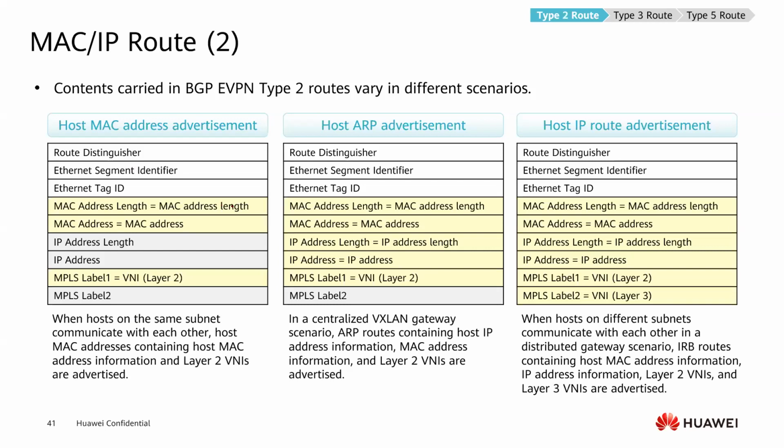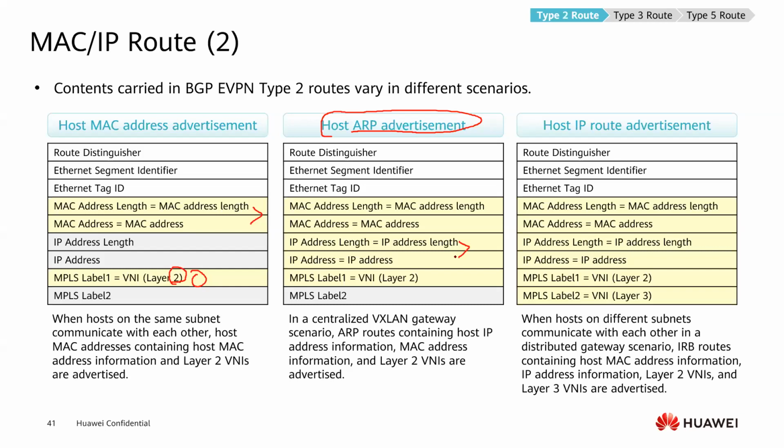For the first type, you need to carry the MAC address information with the Layer 2 VNI. The host ARP advertisement has two more pieces of information compared to the host MAC address advertisement: the IP address length and the IP address.